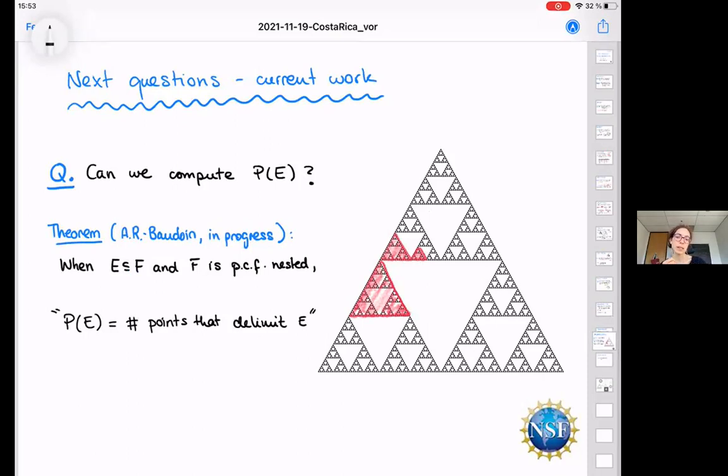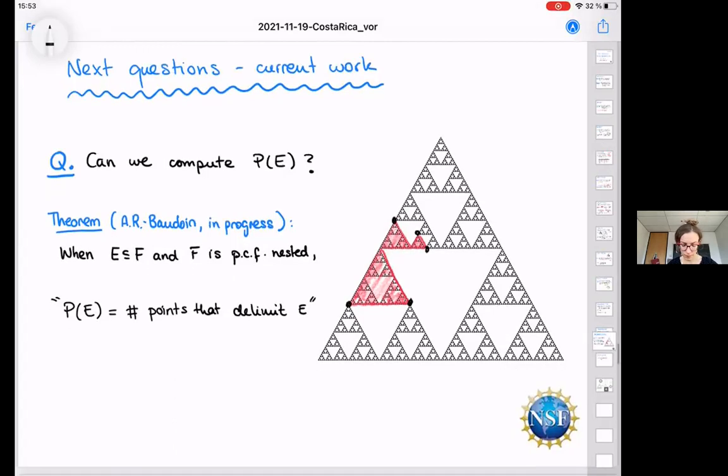And at least we can prove that this perimeter really coincides, if we are taking the union of different cells, with the number of points, as we would sort of expect, plus some constant. This is how it looks. And so this is what's currently happening.